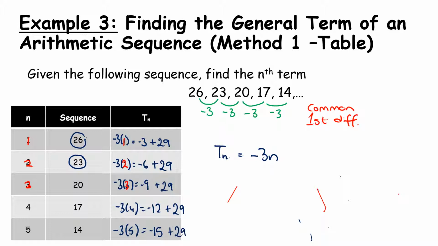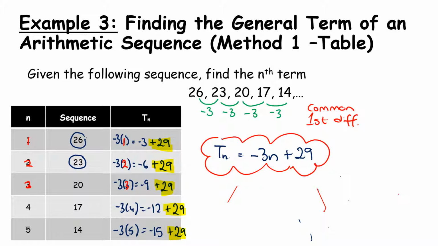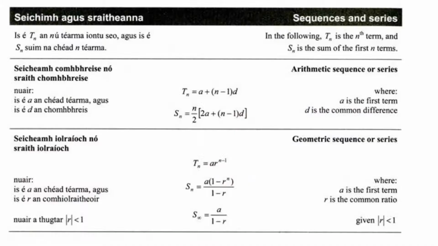It's the constant piece. So we have plus 29, plus 29, plus 29. So that gives us our formula as minus 3n plus 29. So that is the table method, which can help us work out the general formula, or Tn, for an arithmetic sequence.